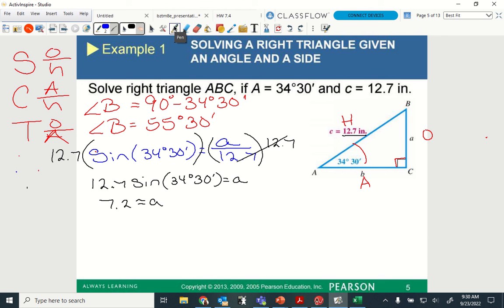So since I'm now solving for little b, I'm using the adjacent, not the sine. So it is cosine of 34 degrees 30 minutes is equal to adjacent, which is my little b, over my hypotenuse, 12.7.